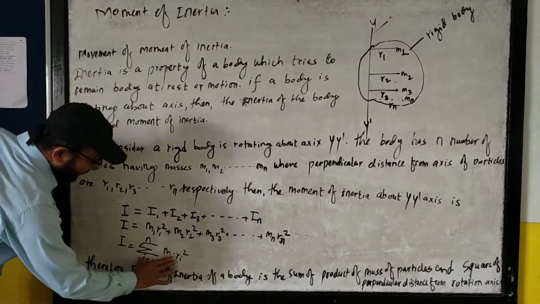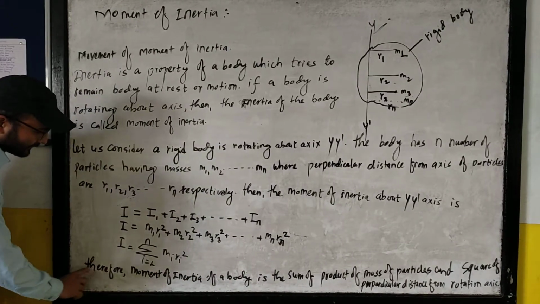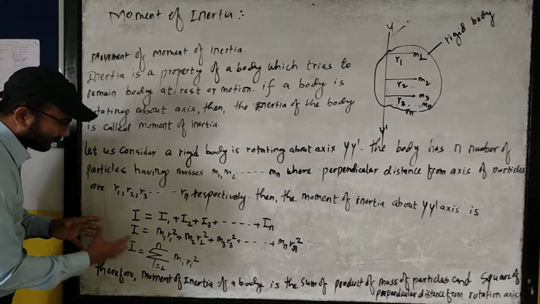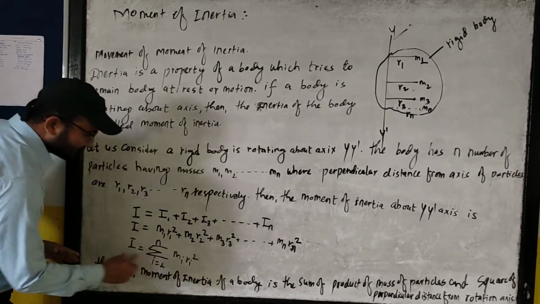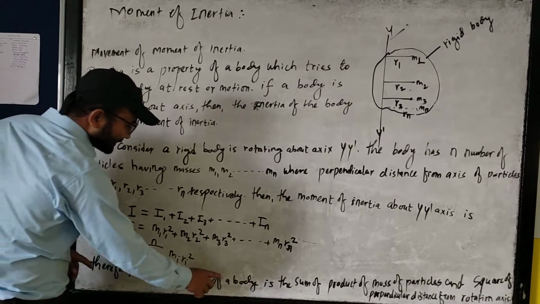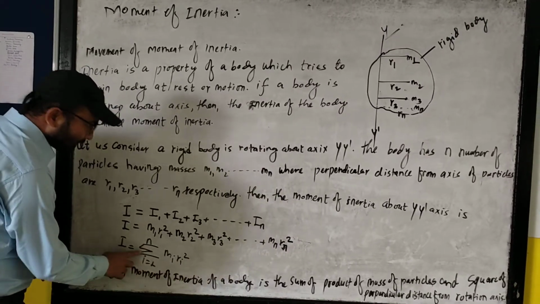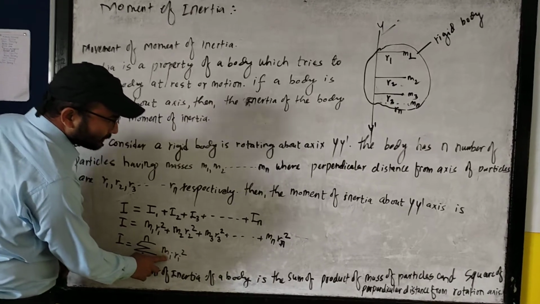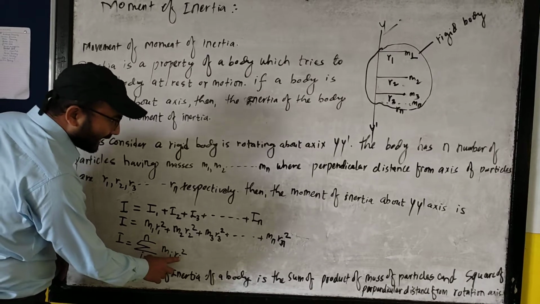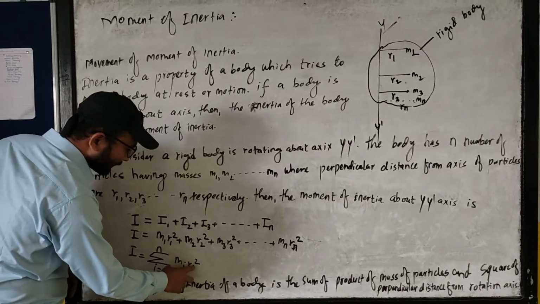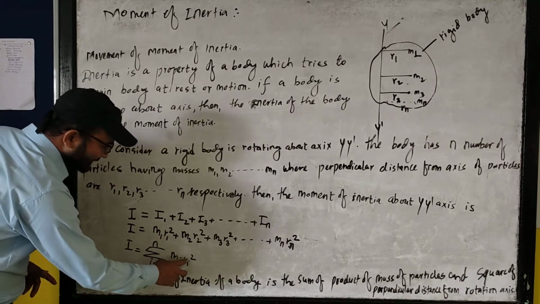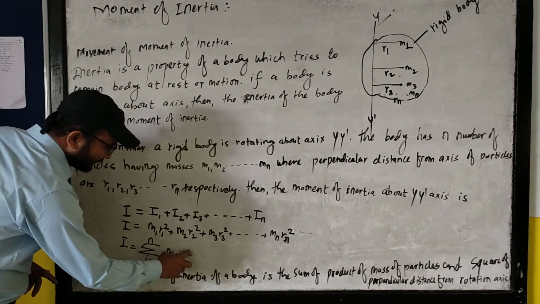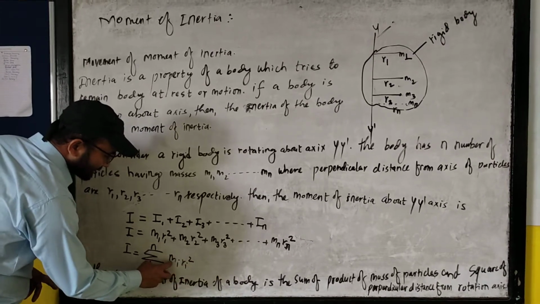From this mathematical term we can define, therefore I have written here, what is moment of inertia. If you have a question about the definition, from this we are going to define. Look, the moment of inertia of a body is the sum of the products of the particles' mass and the square of the perpendicular distance from the axis of rotation, r square, and the mass of the particles.